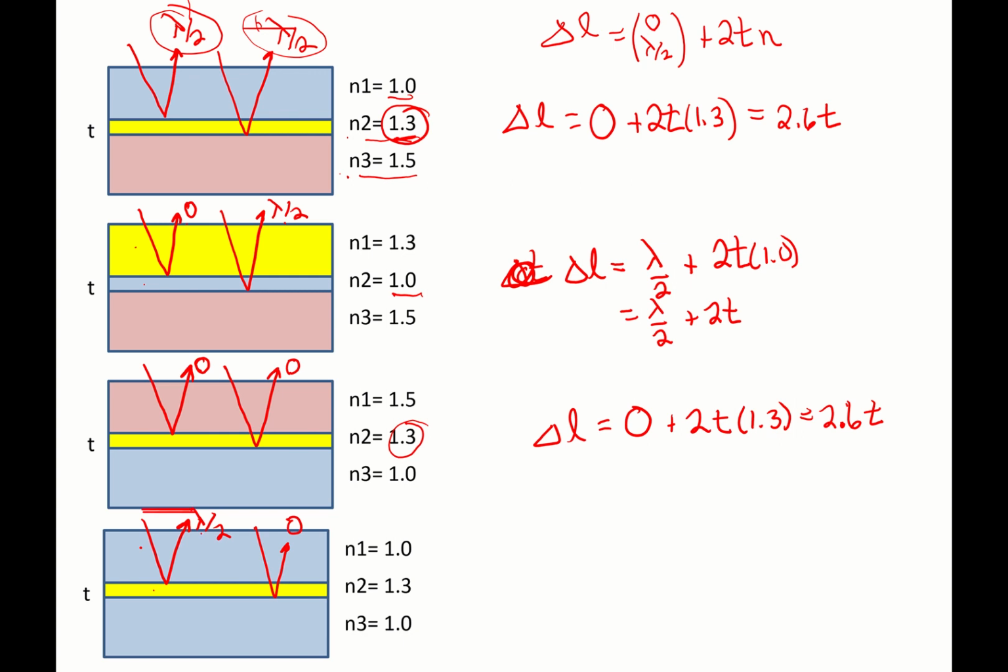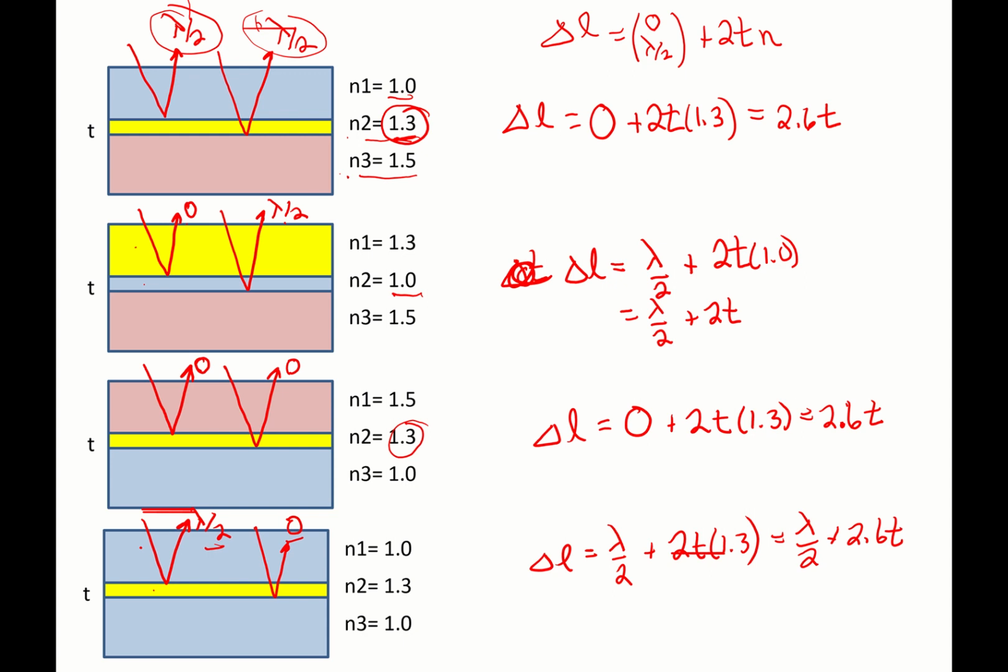One shifted by half, one shifted by 0, so the net shift is a half, plus 2t times n. So my path length difference is lambda over 2 plus 2.6 t.